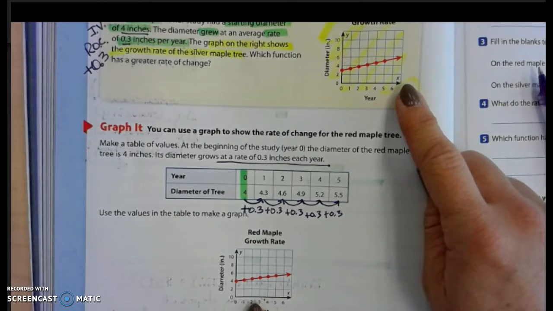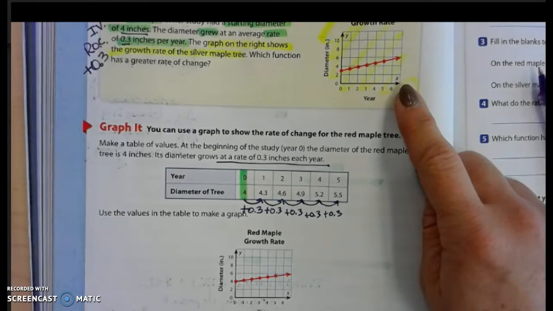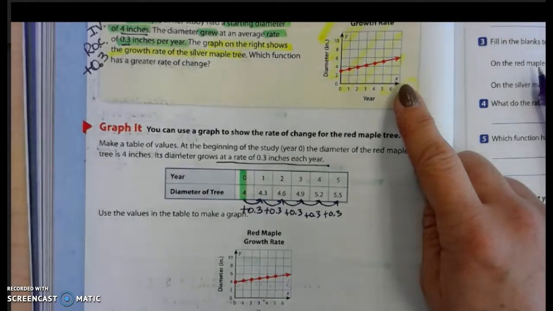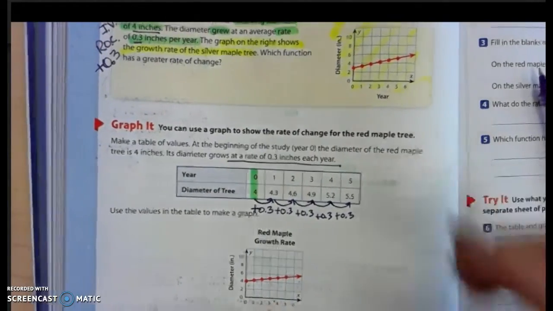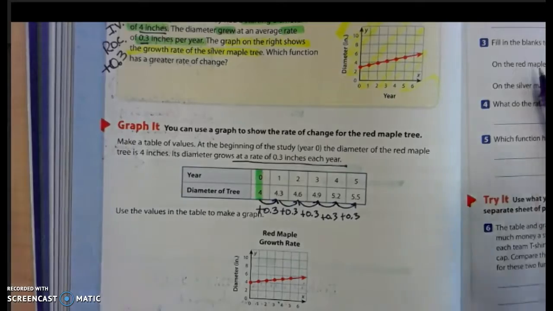If you want to compare your two graphs, put your graphs on the same graph, just like on your graphic organizer. That way you can see where the initial values are and you can compare the rate of change. They're going to be right there, same spacing, everything's going to look the same, but you're going to be able to see the differences better. This is okay, but it's better if they're together.